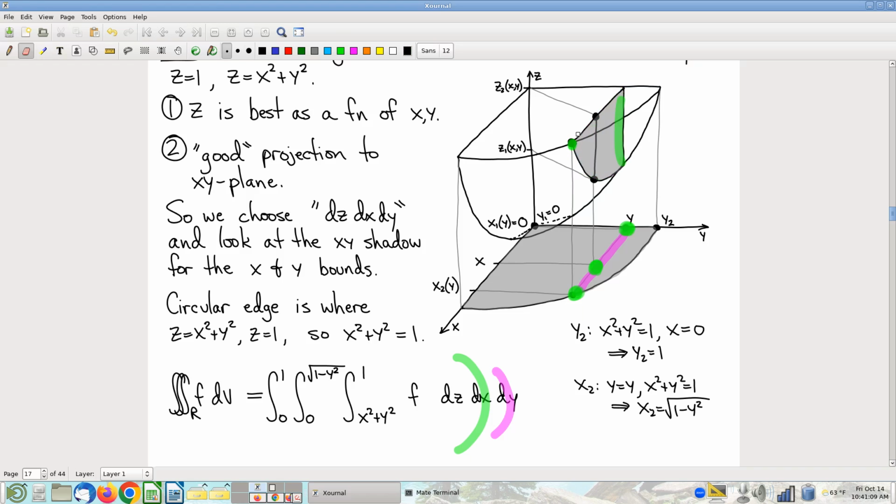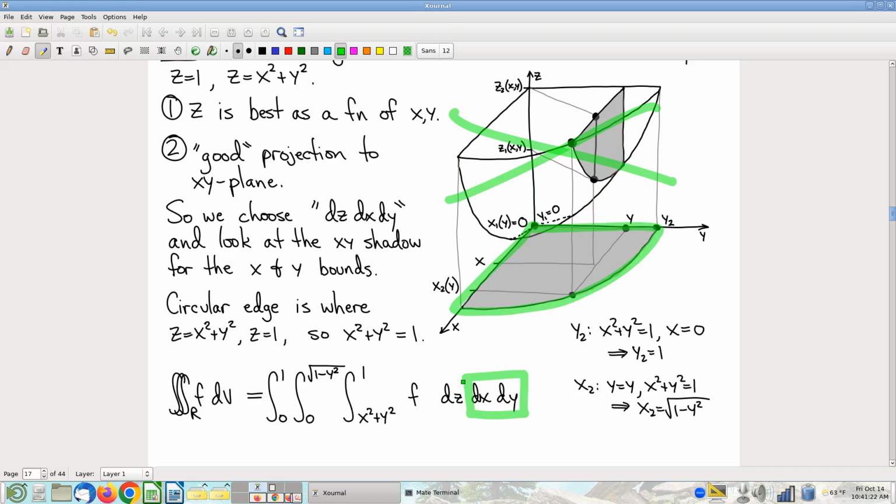So I don't need to look at this complicated picture up here. I don't need to slice up that picture. I can instead just focus on what the projection looks like, projection into the appropriate coordinate plane, and understand just that. It's basically a double integral problem at this point. It's a two-dimensional picture. It's really easy to draw.